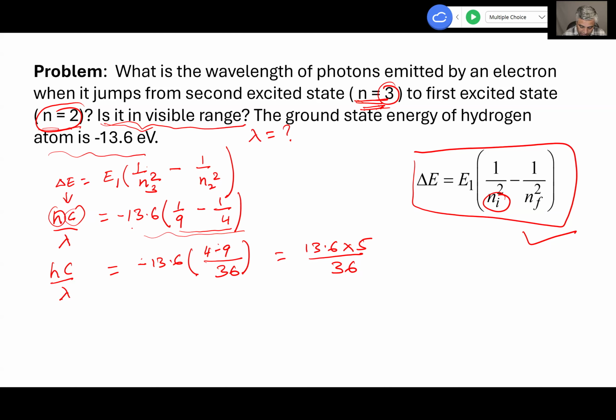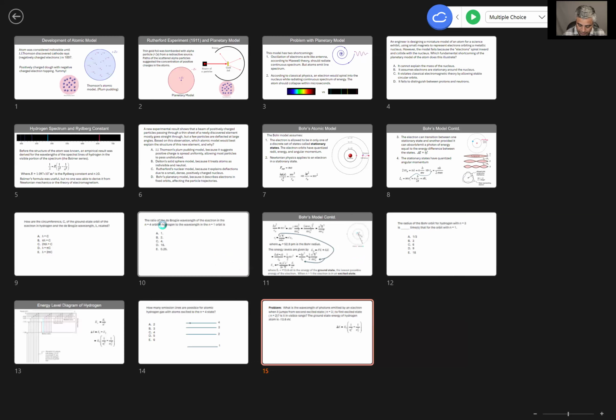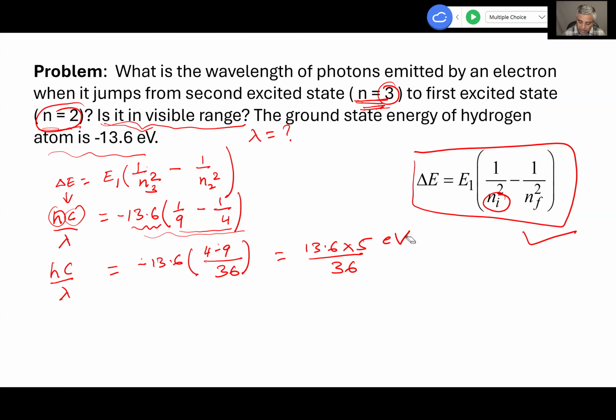And by the way, this number is in electron volts. So if I want to go to the joule, which is the SI unit, I need to do this: 1 electron volt is 10 to the power negative 19 joule.